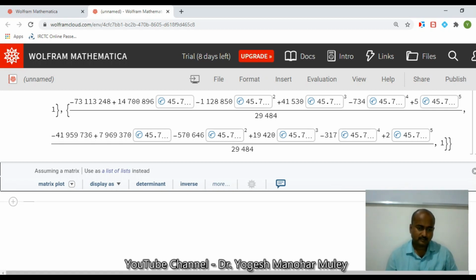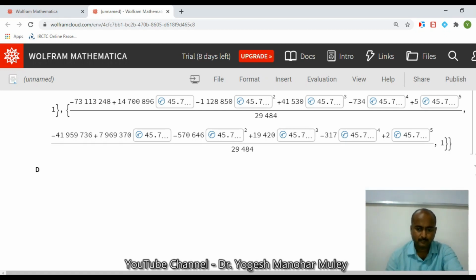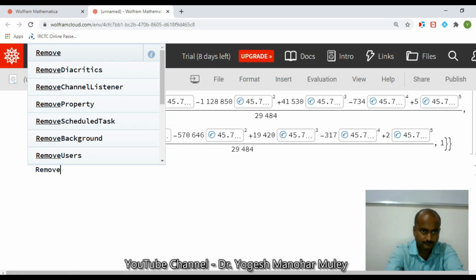Now at last we are going to find some derivatives and integration. So for derivative I will use capital D in square brackets, x raised to 6 comma x. Okay, now we already have a value for x, so we will first clear x.